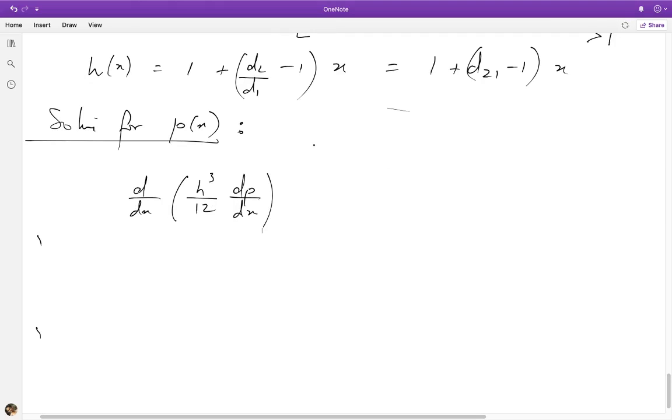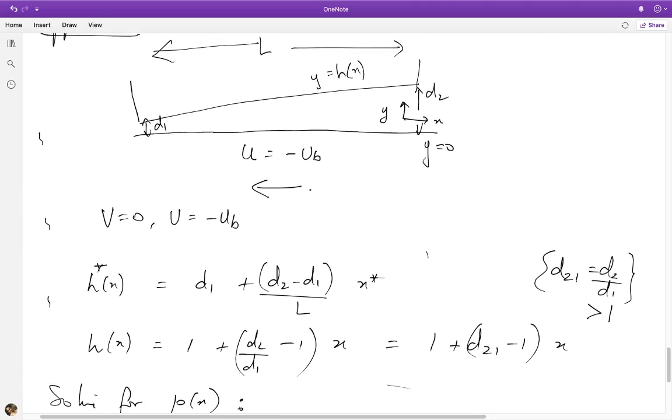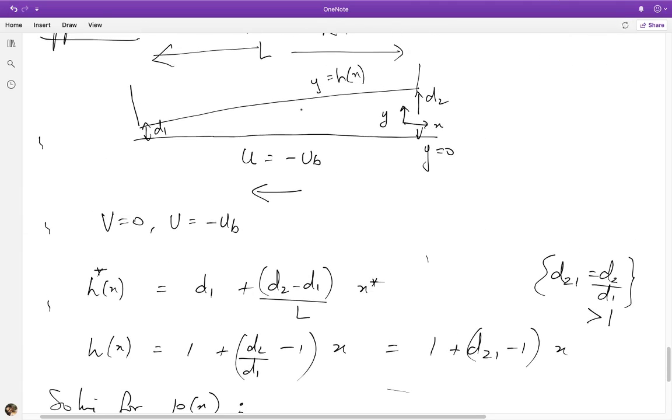Of course, I forgot to mention that there is no applied pressure gradient. So the motion between these two surfaces is just driven by the relative motion of the plates. There's no applied pressure gradient in this problem.